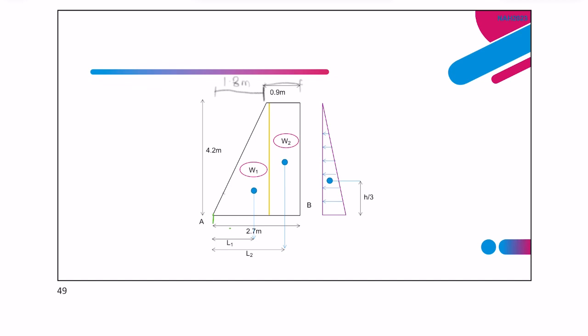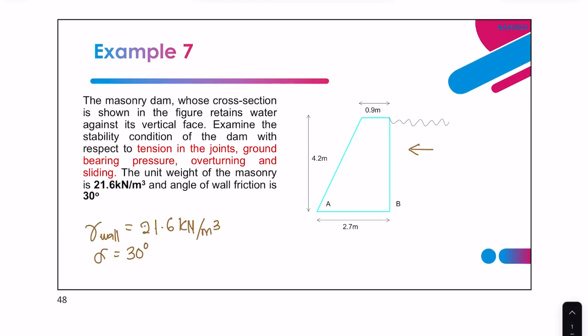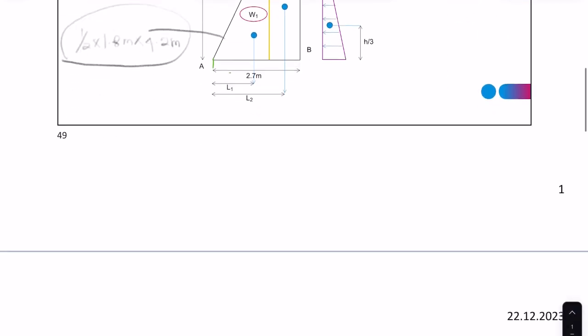So the area of the triangle would be half times 1.8 times the height, 4.2 meter. So this is the area and we need to times with the unit weight of the wall, which according to the question is 21.6 kilonewton per meter cube.